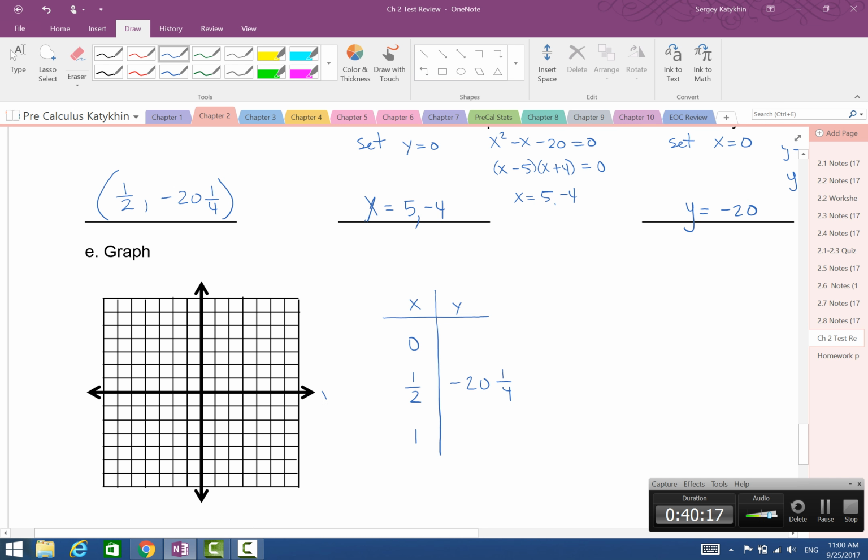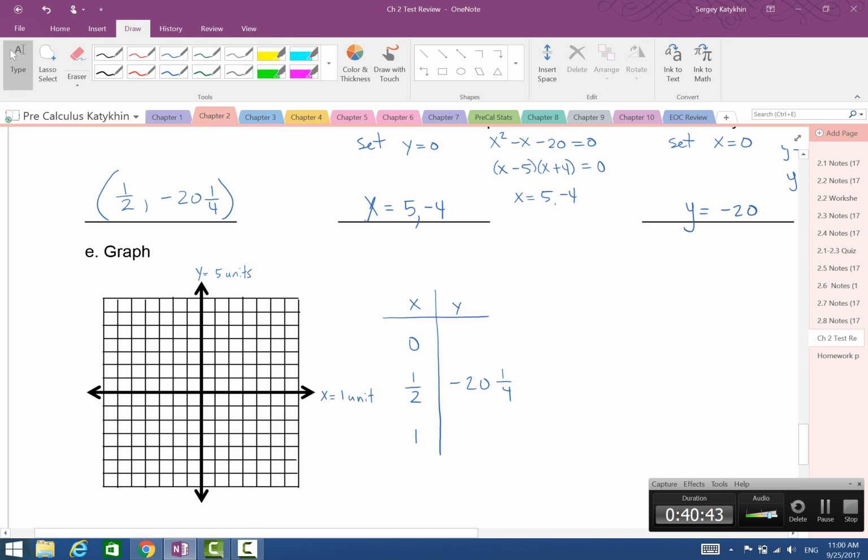Now I'm going to make x's go up by 1 unit, and my y's are going to go up by 5 units. So what I'm trying to say here is each square on the y-axis is 5, but each square on the x is just going to be 1, so it'll be easier for me to graph that way.